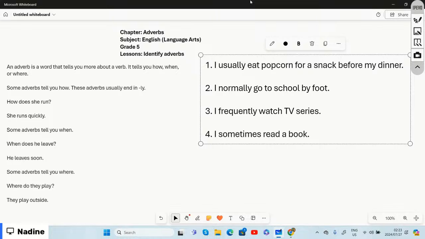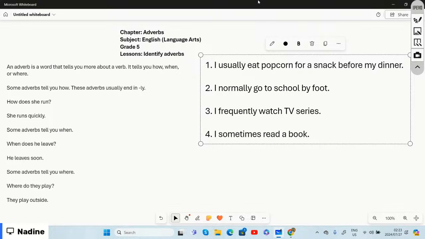What is the adverb within that sentence? All right.